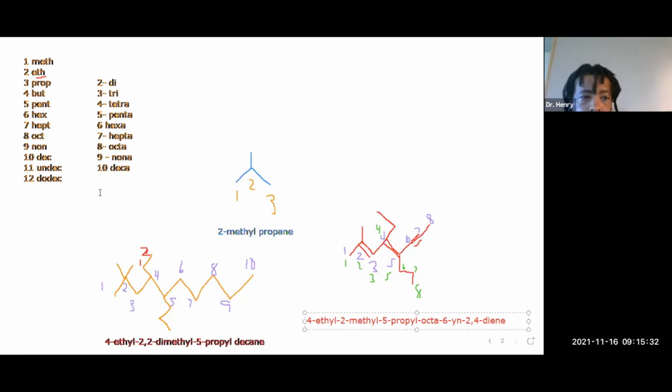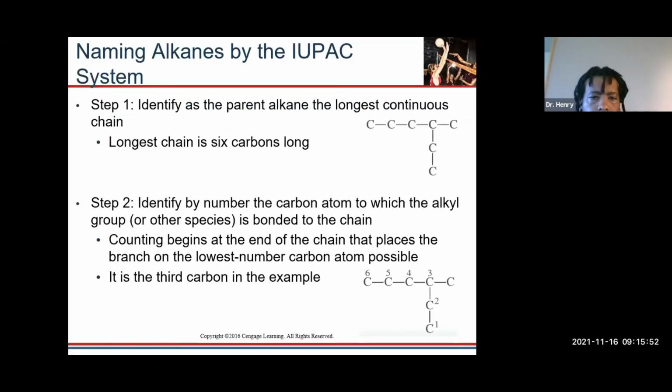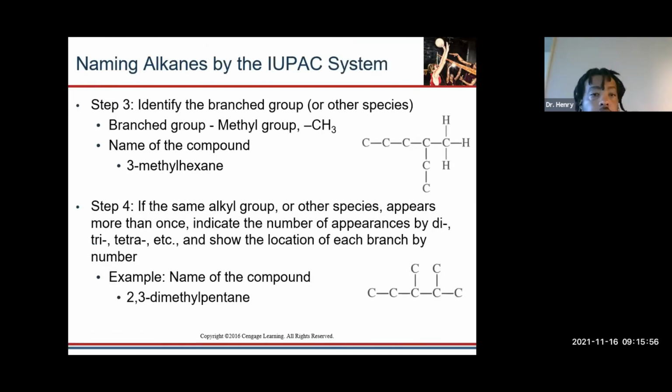So let's go back to the lecture notes. We've already talked about determining the longest chain when we're counting. We also talked about when there are side structures, such as the methyls, and we have to tell where they're located.